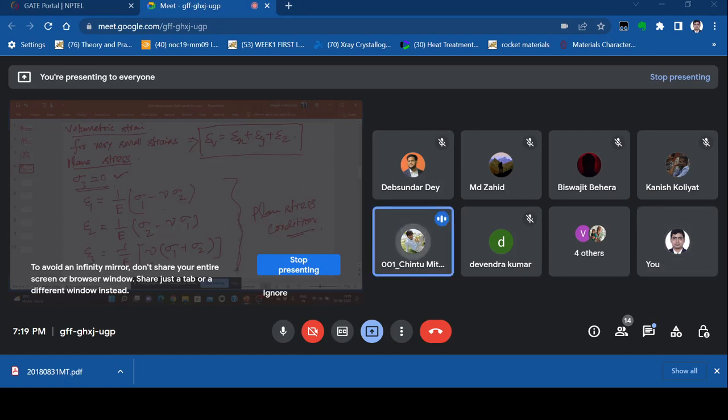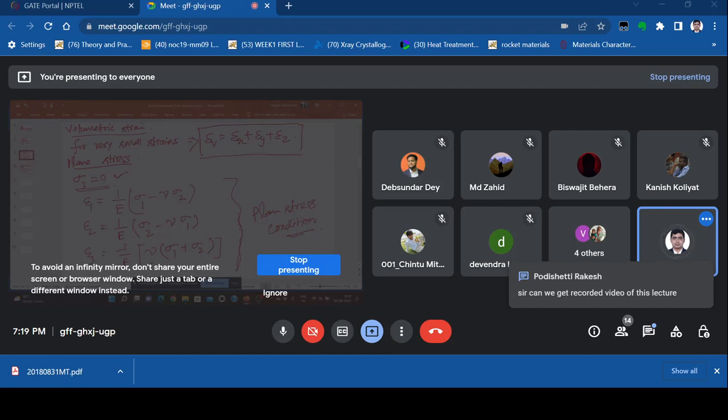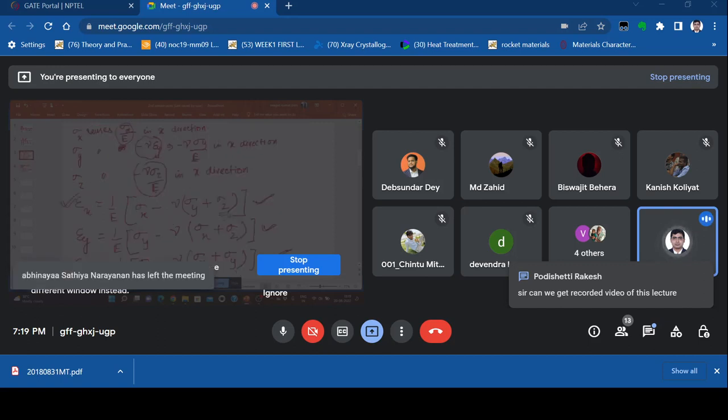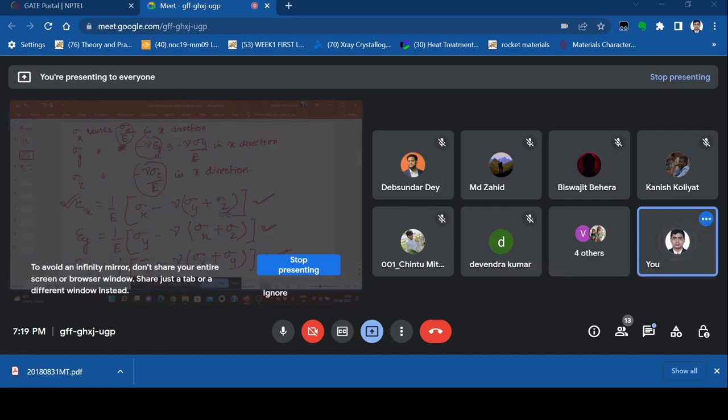Sir, can you explain the plane stress condition again? Okay, so in plane stress, we have stress only in two directions, sigma x and sigma y, or any two directions we have stress, and in the third direction the stress is 0. So we are assuming sigma z or sigma 3 equal to 0, so we put sigma z equal to 0 in here, here, here also. Then we get these relations.